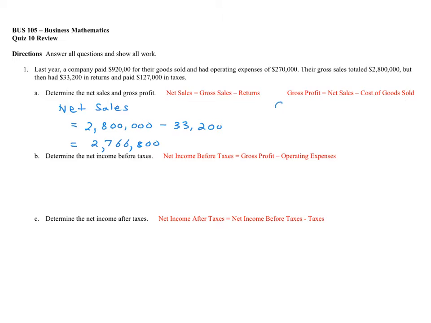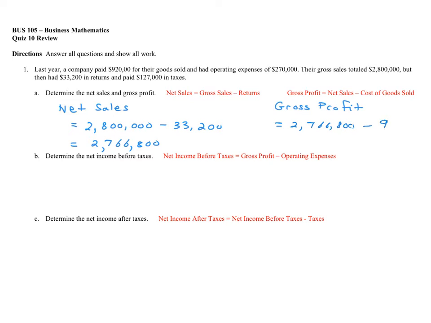Now if you want the gross profit, we're going to take our net sales, this amount, so I'm going to copy that down, and we're going to subtract off the cost that we paid for the goods that we actually sold.